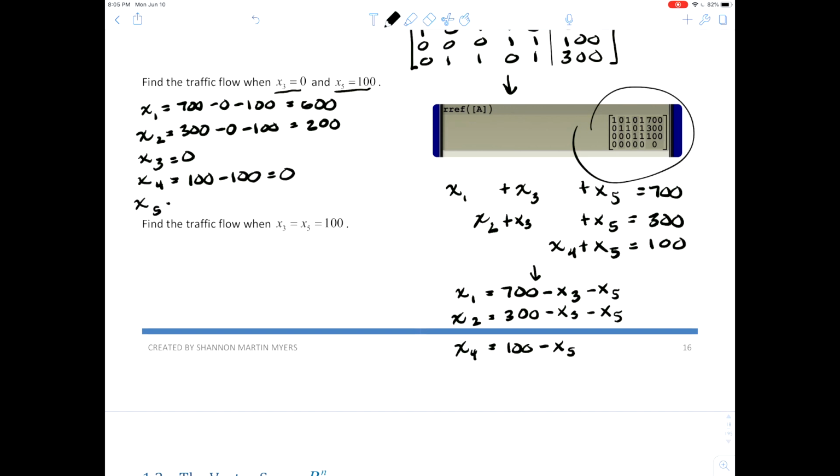And x5 is 100. So what I was doing is plugging in, actually, back here, wherever there was an x3, I plugged in 0. So that's why I had these.